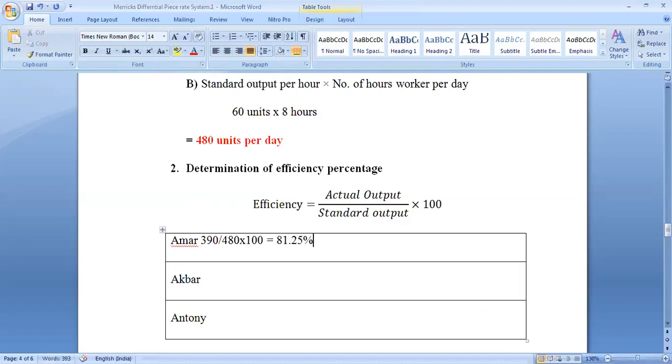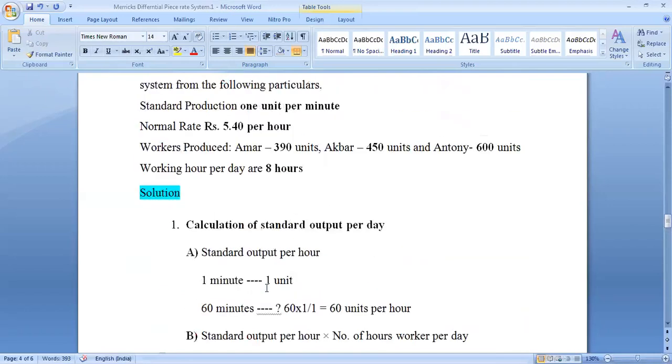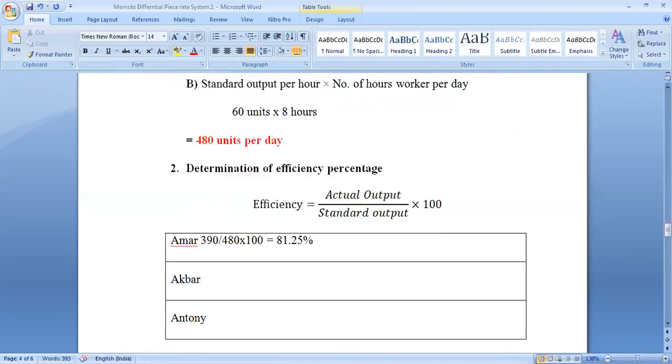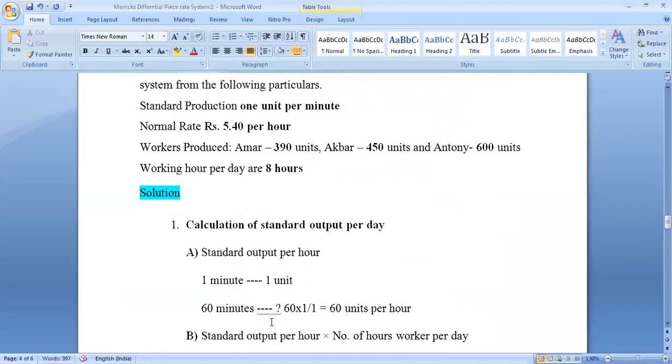So Amar's efficiency is 81.25%. Now Akbar is producing 450 units. Actual output 450 divided by standard output 480 into 100 gives 93.75%.